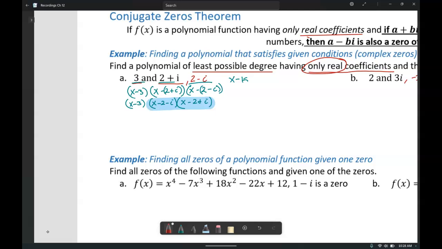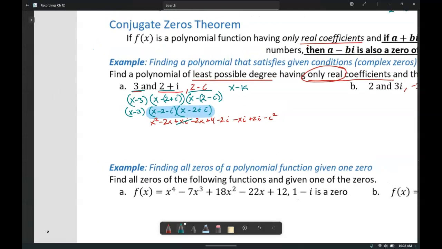So we distribute the first term, x squared minus 2x plus xi, negative 2x plus 4 minus 2i, and negative xi plus 2i minus i squared.